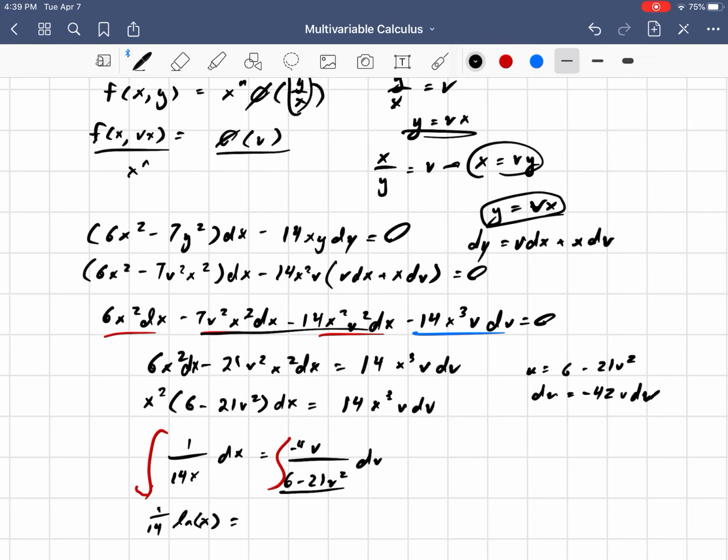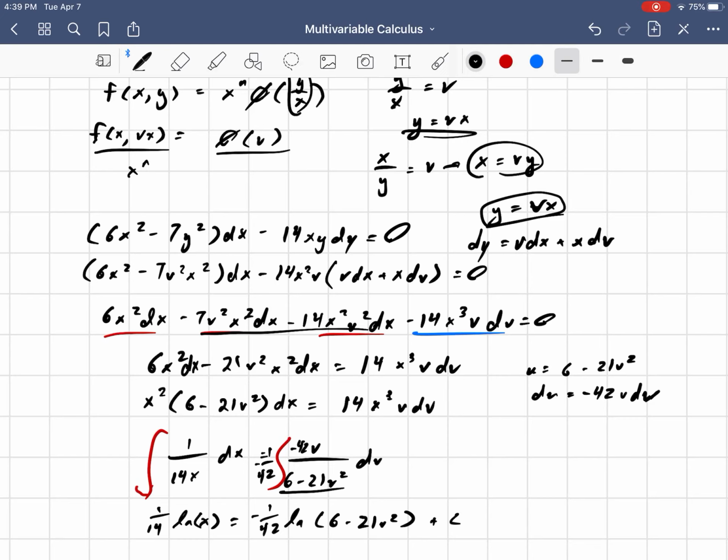So if I multiply by a negative 42 and then divide by a negative 42, then I have really just multiplied by 1, but I'm just making it work out nice. So however you want to do it, your antiderivative should be negative 1 over 42 natural log of 6 minus 21v squared plus c.